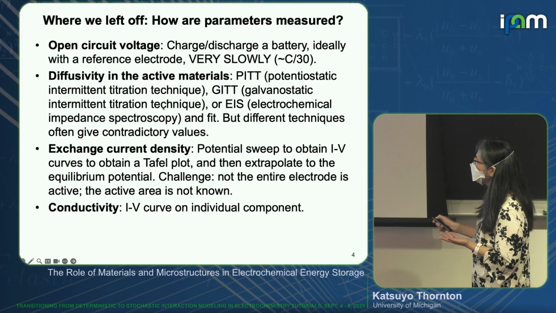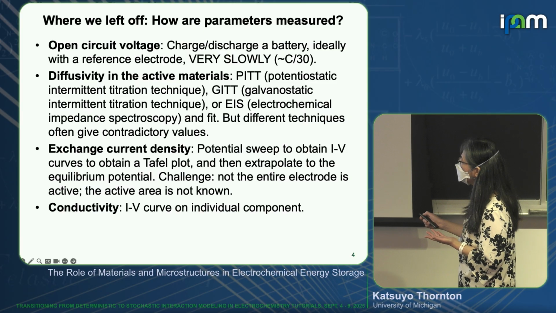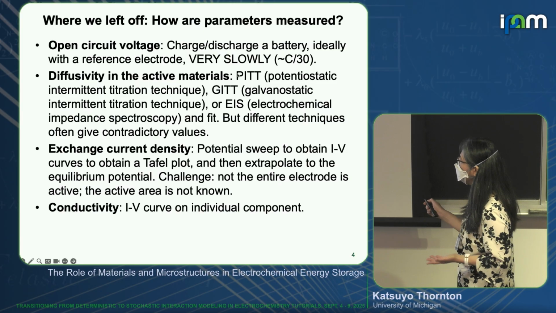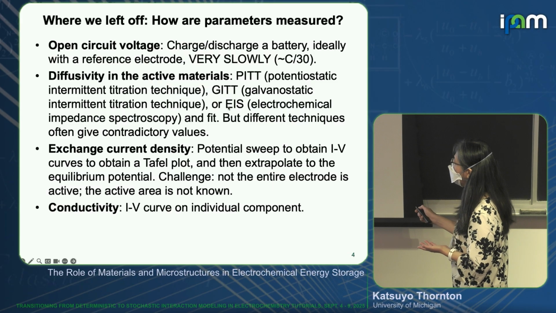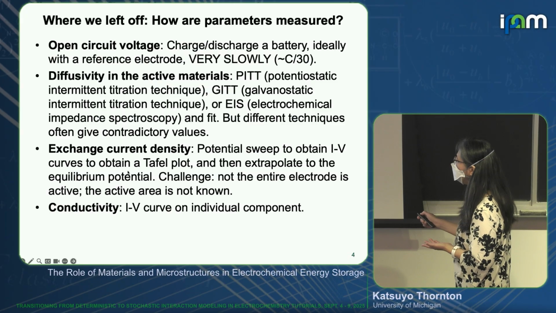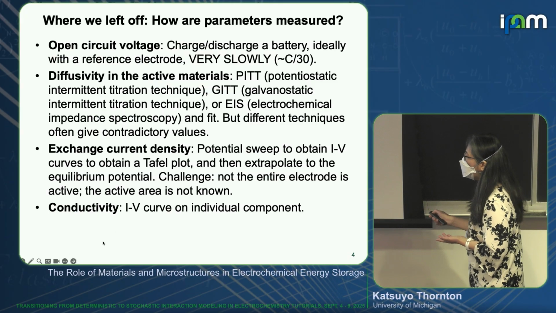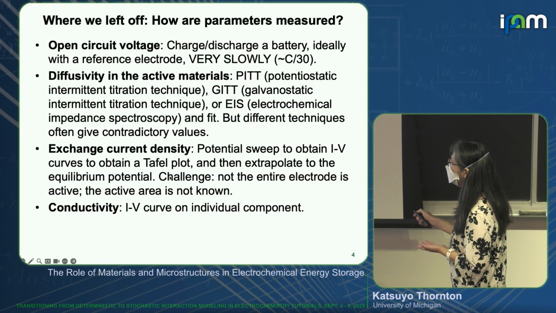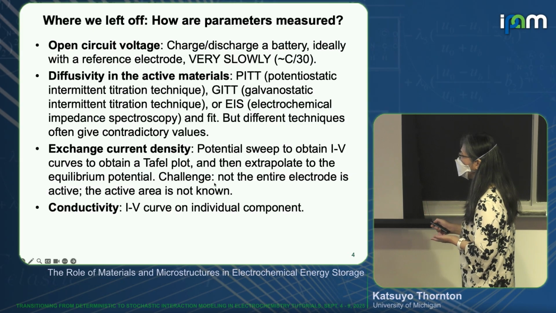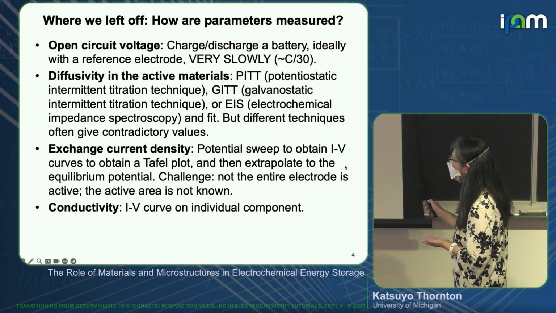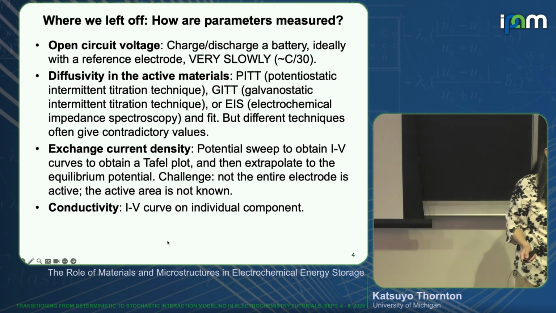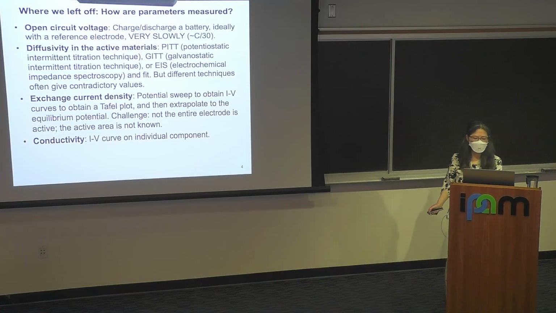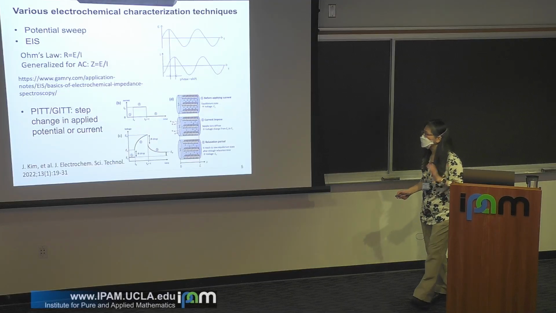Diffusivities can be measured by titration techniques. I only had PITT last time, but PITT and GITT both work. And EIS, electrochemical impedance spectroscopy. Exchange current density can be measured by potential sweep and getting the IV curve. And conductivity can be measured for individual components by looking at the IV curve, basically Ohm's law.